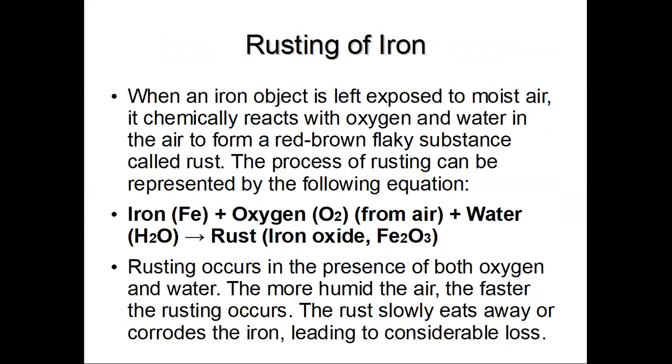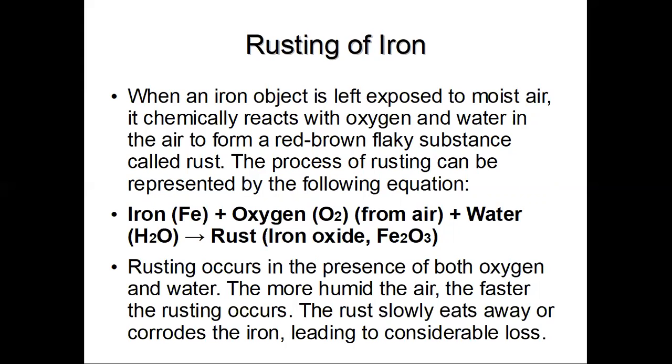Rusting of iron. What is rusting of iron? How does it occur? When an iron object is left exposed to moist air, it chemically reacts with oxygen and water in the air to form a red-brown flaky substance called rust.